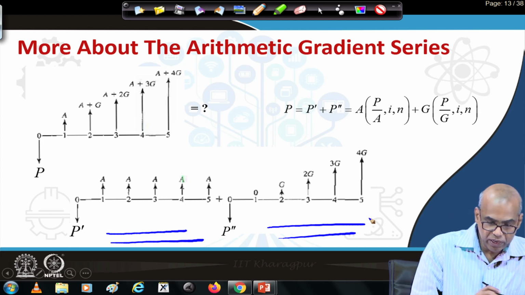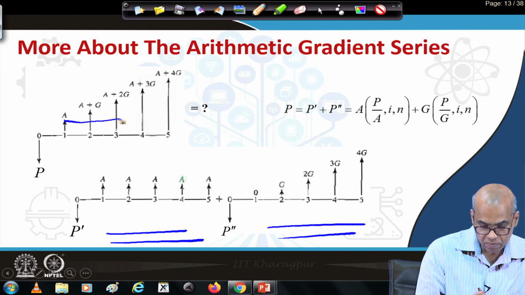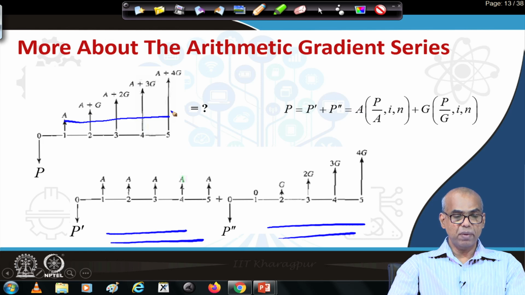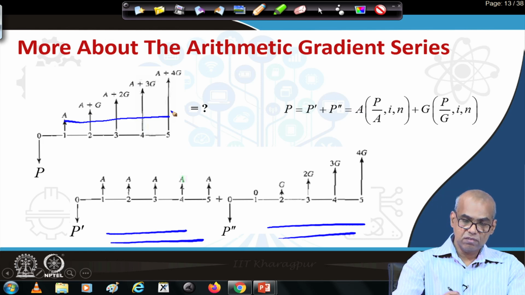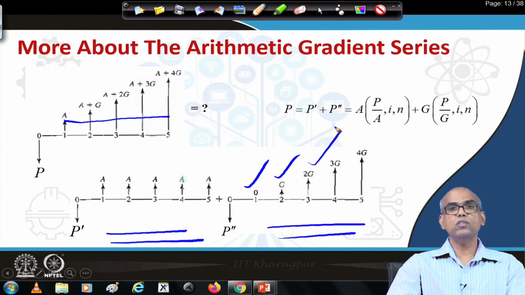So, what you are basically doing is subtracting the value A from each of these contributions. So, that is the base value. If I subtract A from each, for the first year it will be 0, the second will be A plus G minus A, so G. For the third year it will be A plus 2G minus A, so 2G, and so on and so forth.